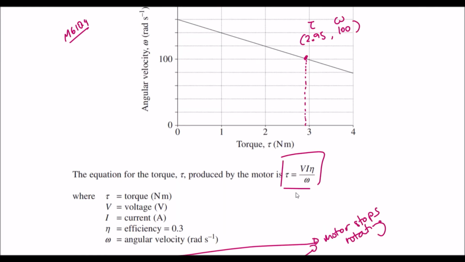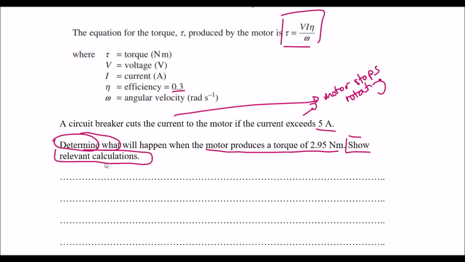This N-like shape is the efficiency, so that's 0.3. Okay, so we should be able to substitute all the necessary values into this equation to get a value for I. What I'm going to do first is just rewrite all my equations out. What you could do also is just write them down here so you know what everything represents.